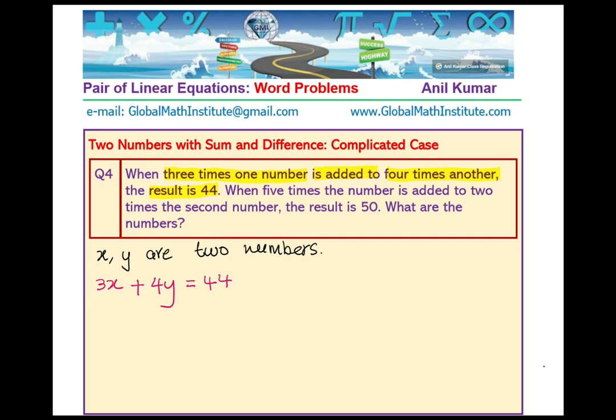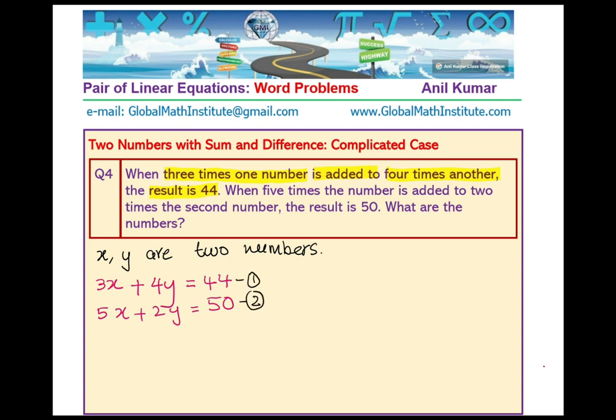So 5 times the number is added to 2 times the second number, the result is 50. So we get 50. So we got our equation. We'll number them as 1 and 2.